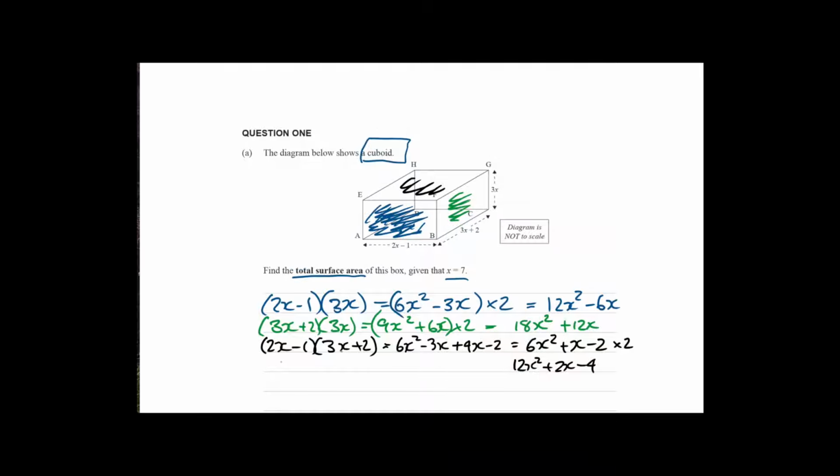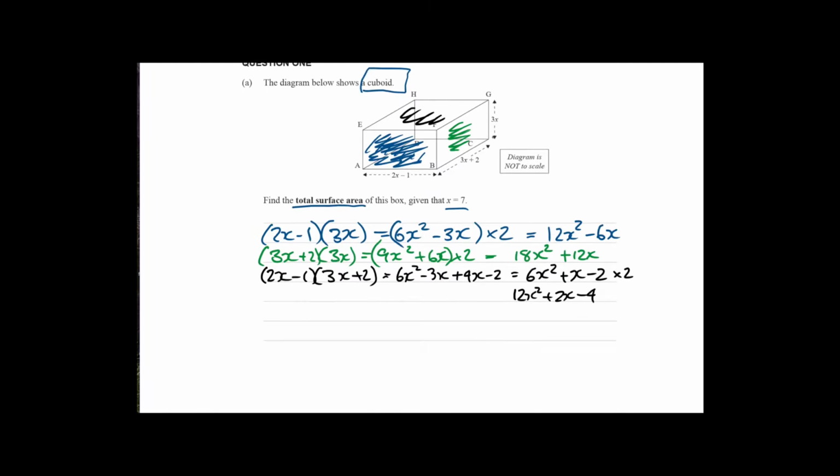So now we can combine all of these terms together. We've got 12x squared minus 6x plus 18x squared plus 12x plus 12x squared plus 2x minus 4. Now we're going to collect up the like terms. This is probably in hindsight the quickest way of doing it.